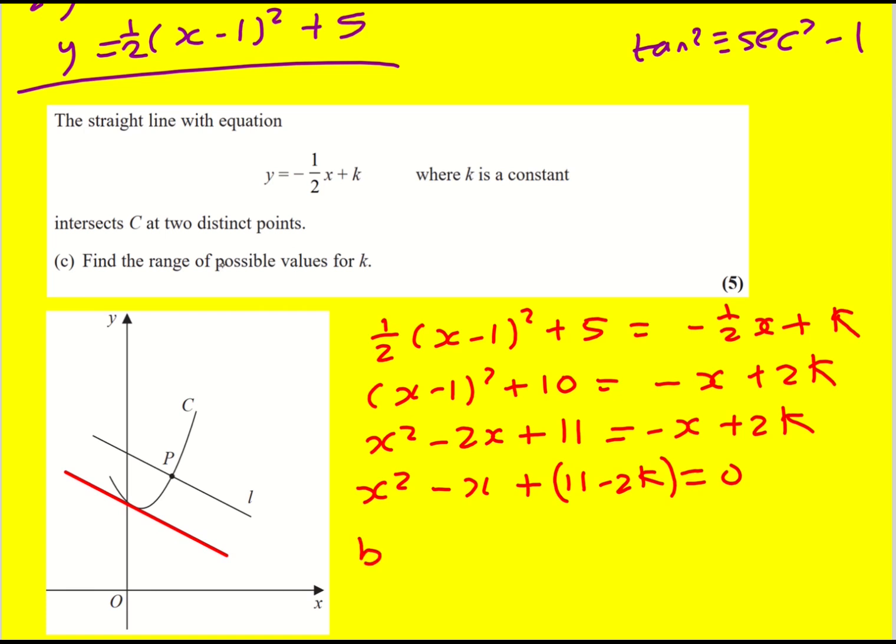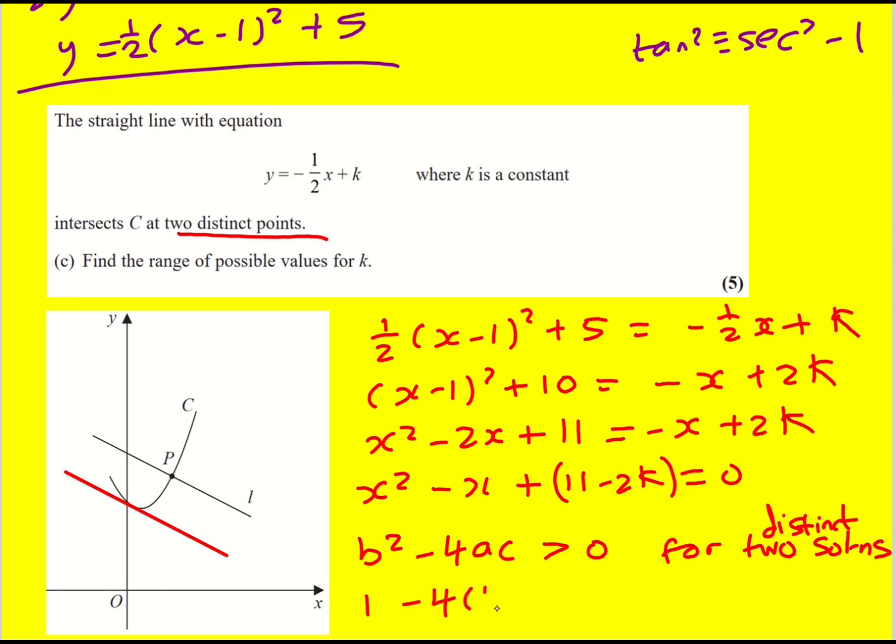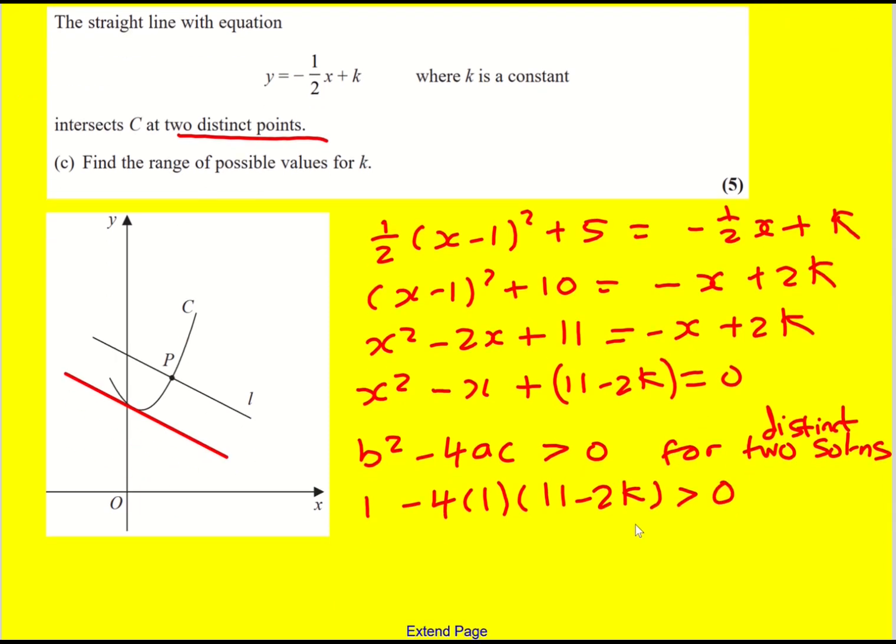Then I require for 2 distinct solutions that b squared minus 4ac is greater than 0. Then I'll get 1 minus 4 times 1 times 11 minus 2k is greater than 0.